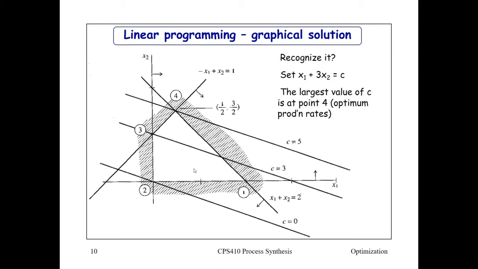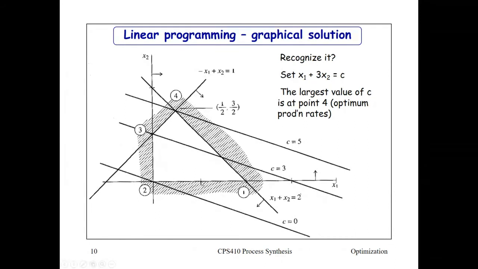Right. So these lines are showing what the objective function is. So if both of these things are 0, the objective function says x1 is 0, x2 is 0, then c, the objective function, is going to be 0. So there's a c equals 0 line running all along here.